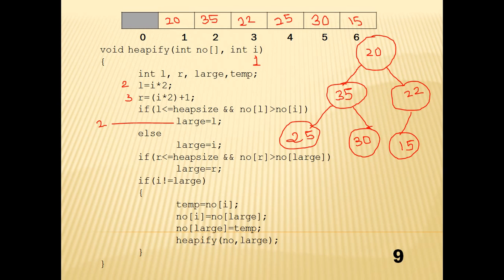Check the right-hand side. R less than or equal to heap size, 3 less than or equal to 6, the condition is true. And A[R], A[3] greater than A[2], 22 greater than 35, no. And so this condition is true again, so one interchange will be done between i and large.